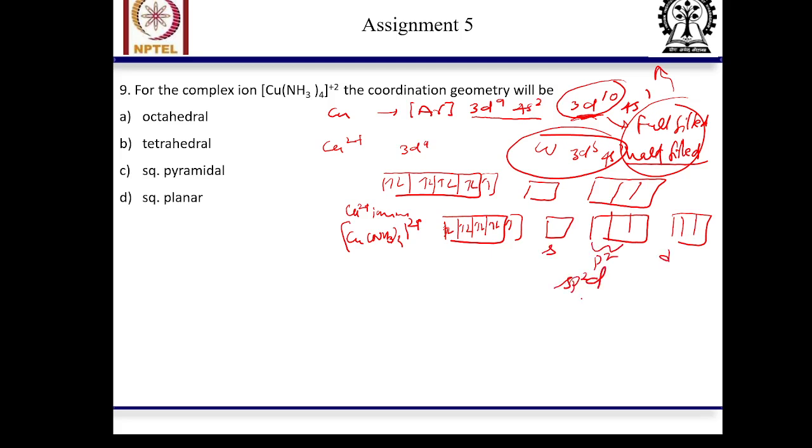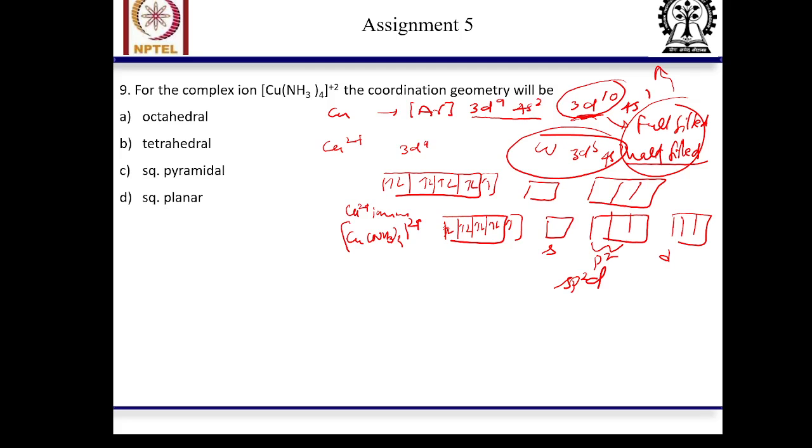Now the question is why it is not going to sp3 rather than going to dsp2. This complex ion may be either tetrahedral or square planar, as both have one unpaired electron.